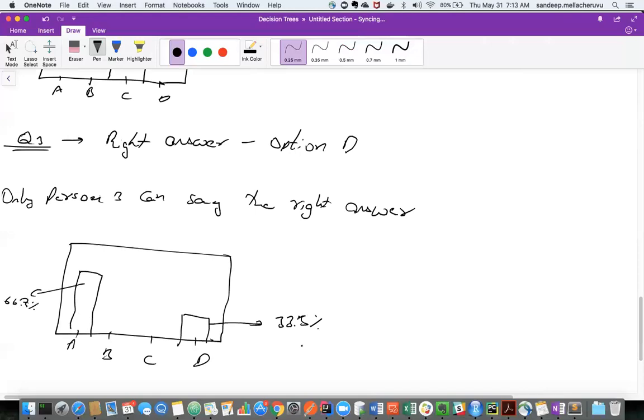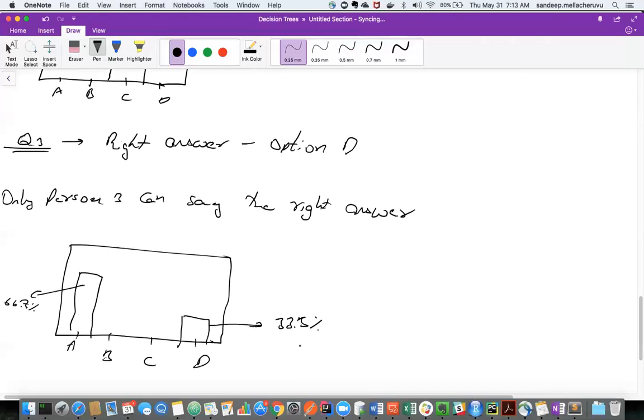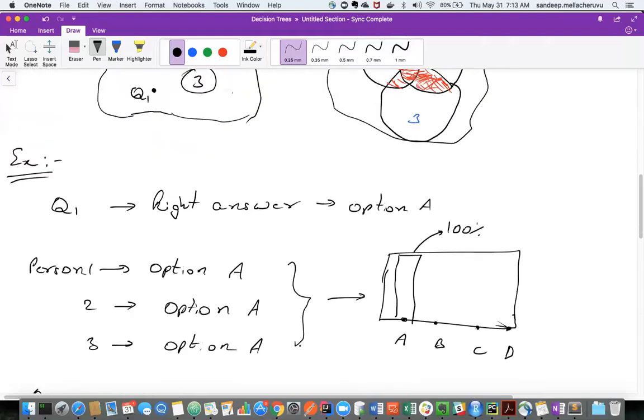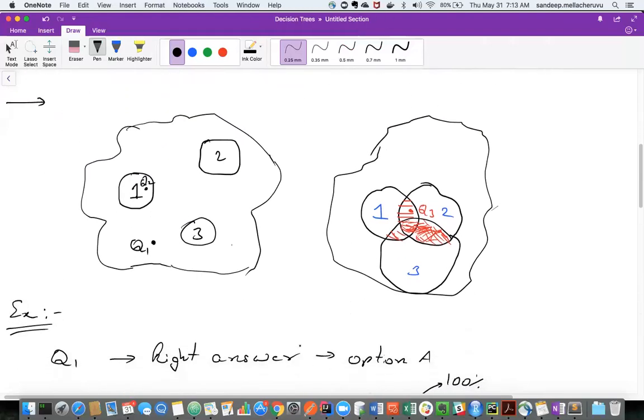So you can see there are only few cases where the crowd is going to tell the wrong answer. If you see the overall area that all these 3 circles cover, compared to that, the region in red is going to be much lesser.